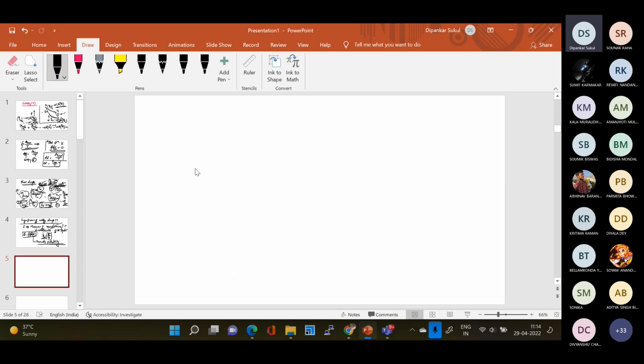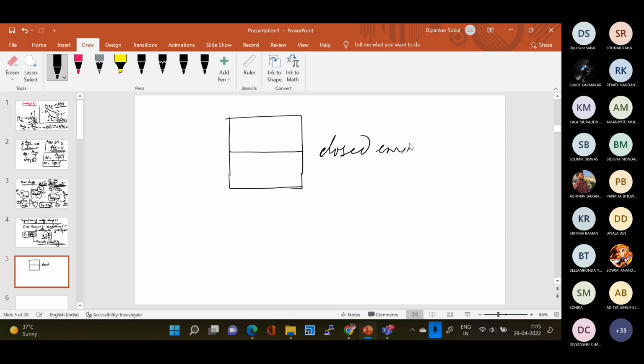Now, I was talking about a reversible process. So let us examine it in more detail. Let us consider this type of closed environment. That is, heat is not passing between the system and the surrounding. This is liquid water.